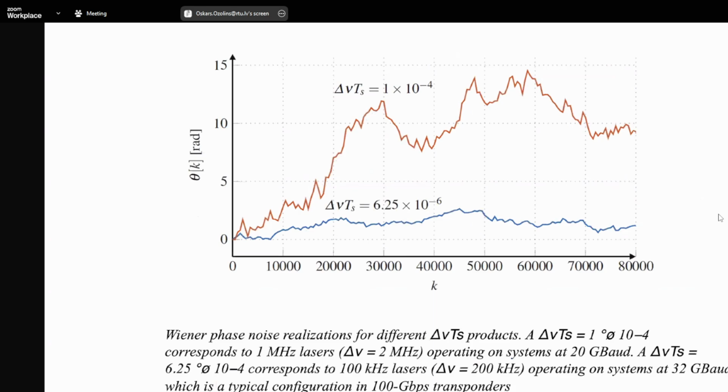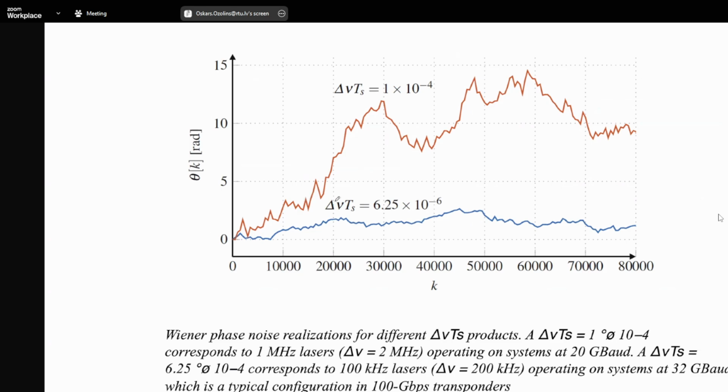Right. And here's about phase noise. It's really a Wiener phase noise realization, and depending on the line width, here is a smaller line width laser, and here a larger line width laser.